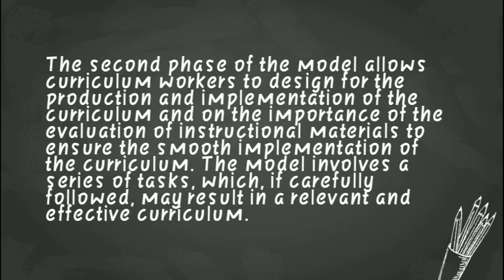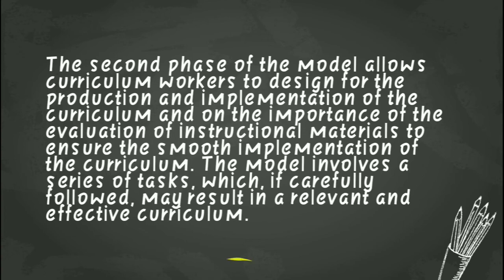Okay? The second phase of the model allows curriculum workers to design for the production and implementation of the curriculum, with the importance of the evaluation of instructional materials to ensure the smooth implementation of the curriculum. The model involves a series of tasks which, if carefully followed, may result in a relevant and effective curriculum.